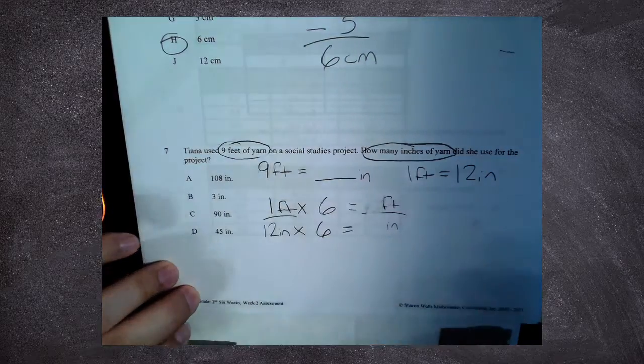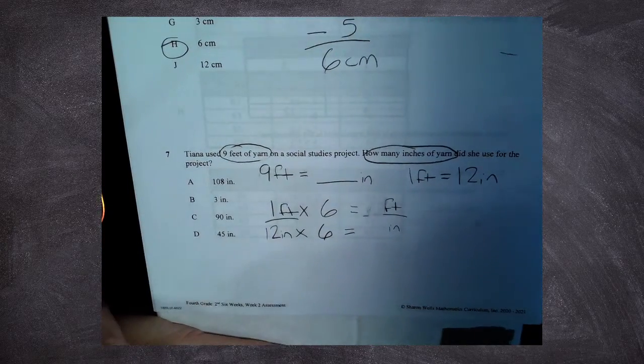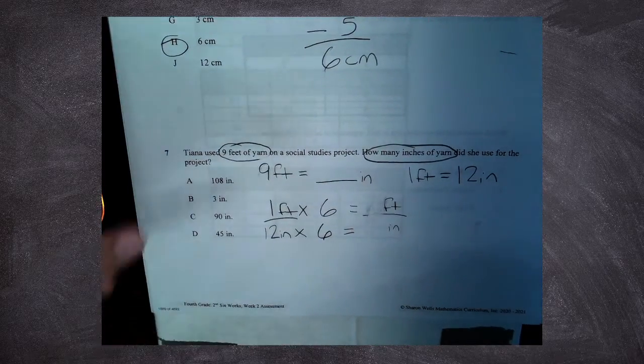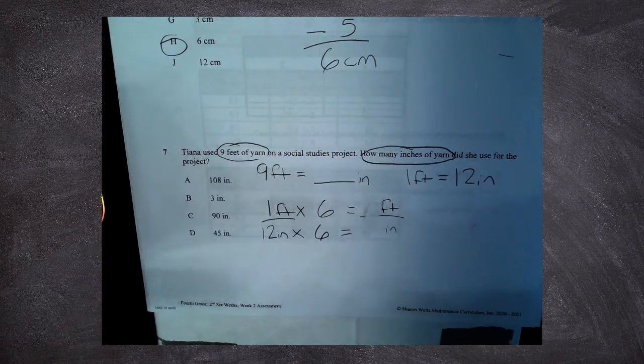See, the bad thing is, if I had multiplied 12 times 6, sometimes what they will do is they'll put different answer choices in here that would match a mistake like that, just to see if we're being careful or not.